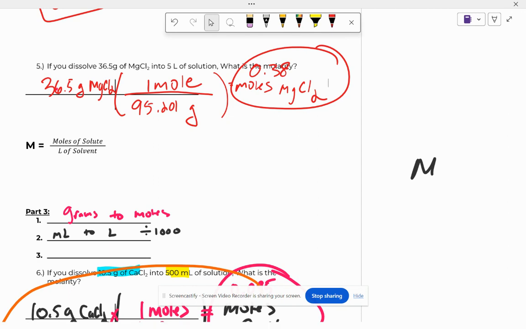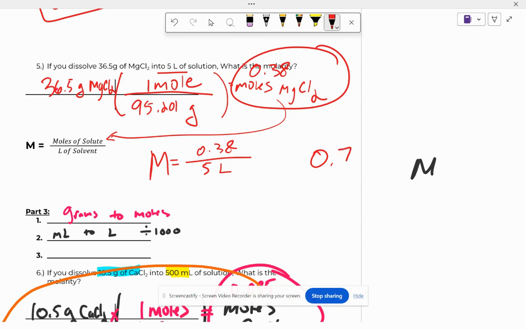Just plug it in, right? After you solve for the moles, all you got to do is plug it into our equation. So it's going to be 0.38 divided by 5, and I got 0.76 big M. Bam, bam, bam.